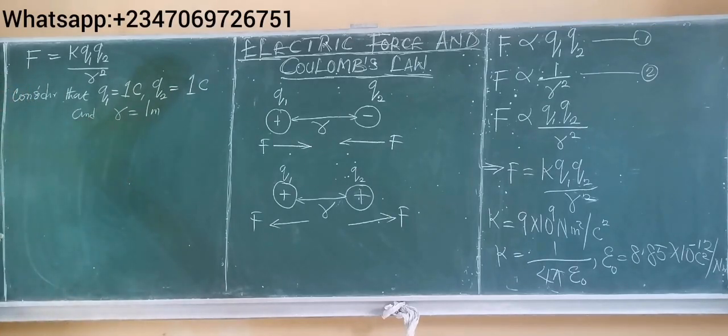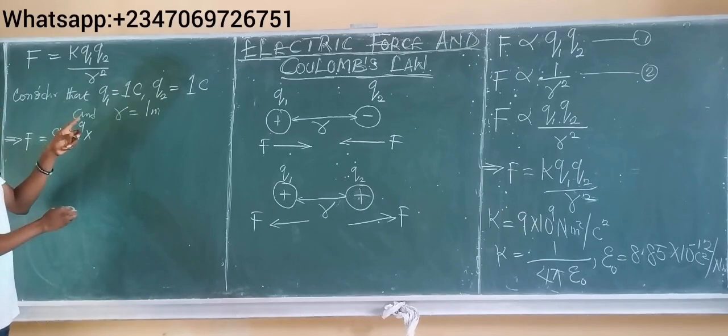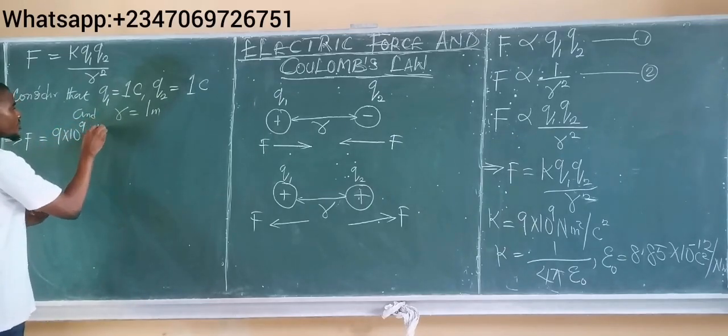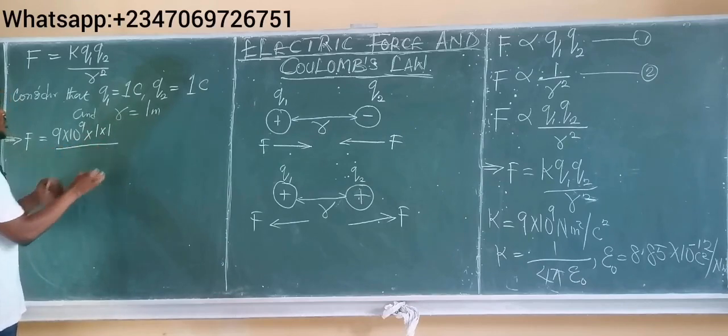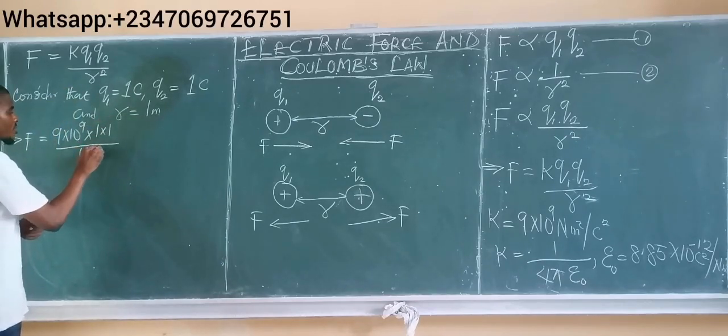Let's see what we are going to obtain for the force. This simply implies that force is going to be equal to, remember we said let K be 9 times 10 to the power of 9, obviously that's the value for K, multiplied by Q1 and Q2 which are 1, so multiply by 1, multiply by 1, and divide by R squared, and R is 1, so divide simply by 1 all squared.